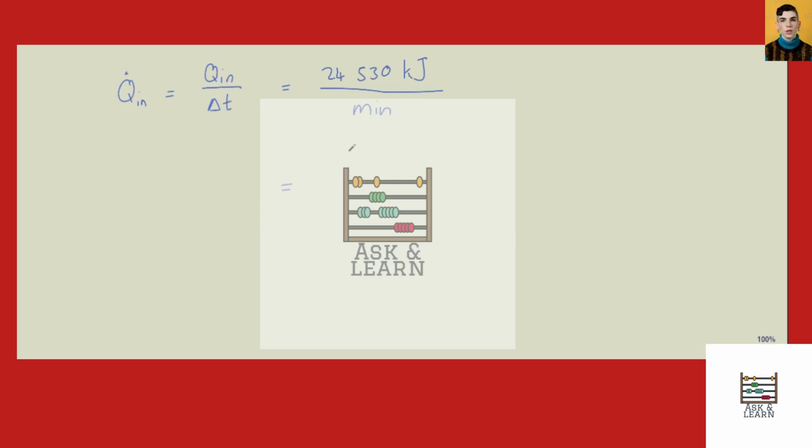And so if we convert this minutes to seconds, then we'll get a standard form. And if we do so, we get the rate at which heat transfer to the rod occurs to be 409 kilowatts.